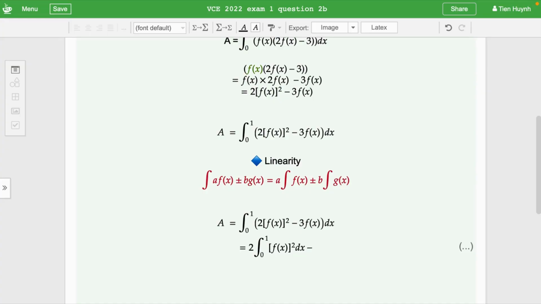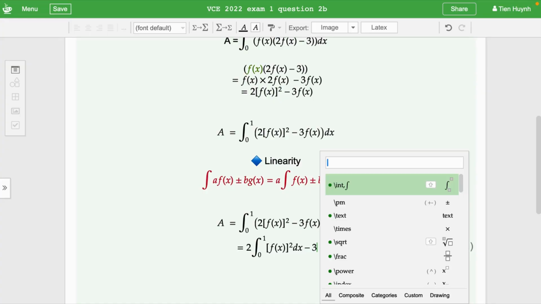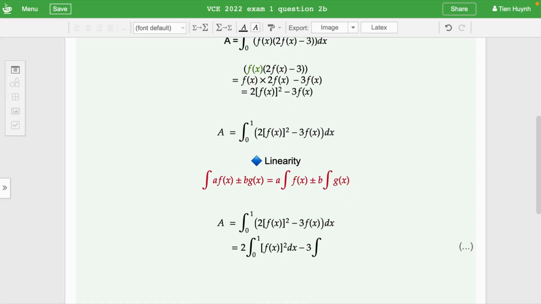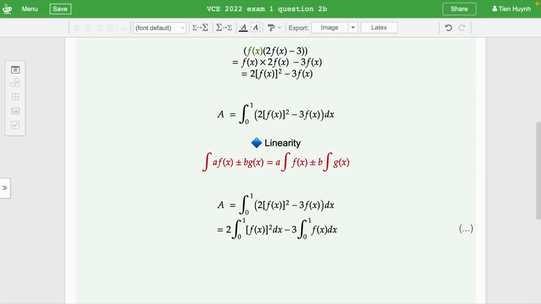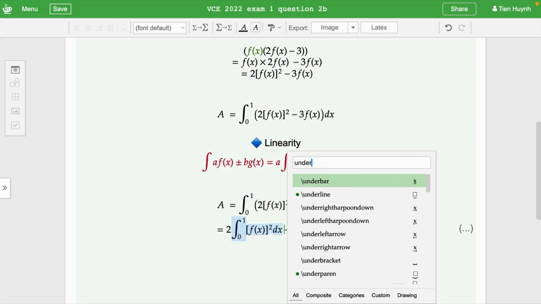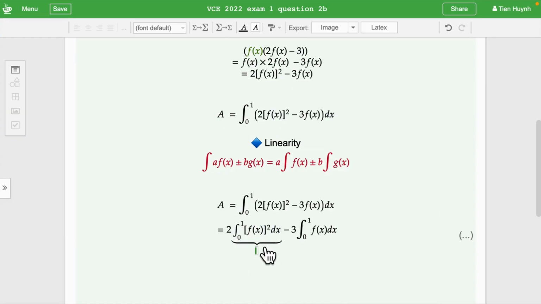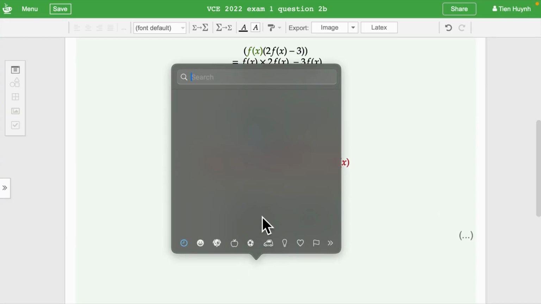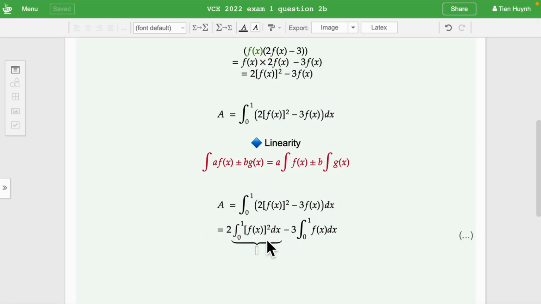And then you will minus 3 times the definite integral from 0 to 1 of f(x) dx. And do we have this? This is what we wanted to evaluate, right? So I put it under a brace. Do we have this integrand, everyone?